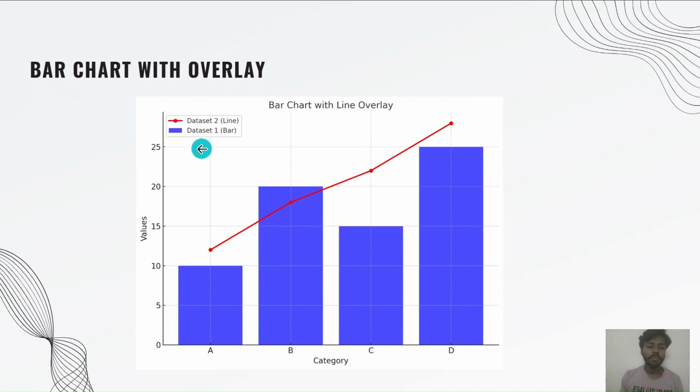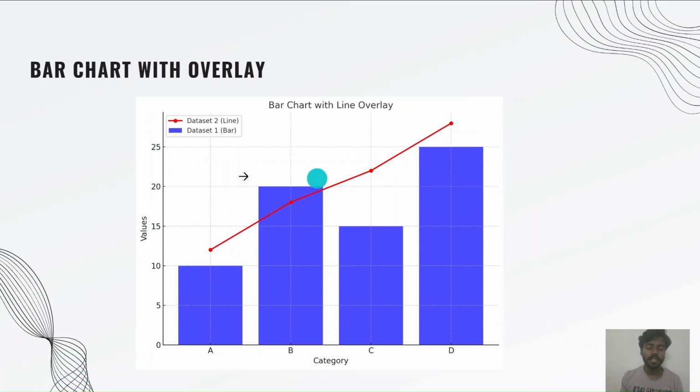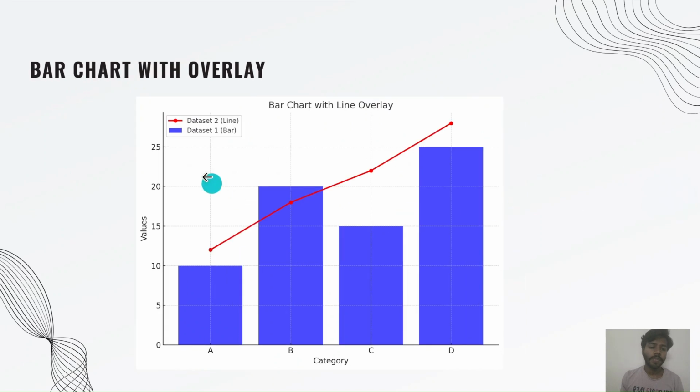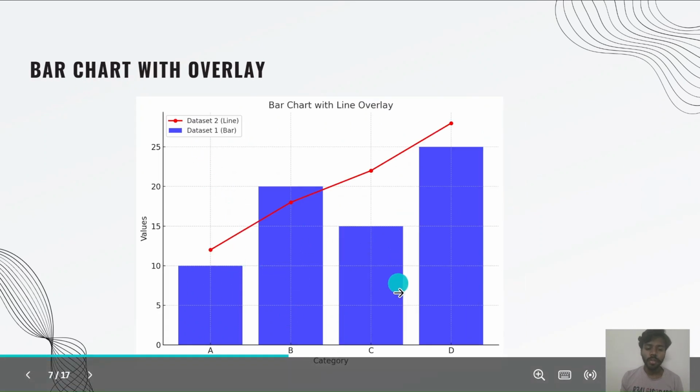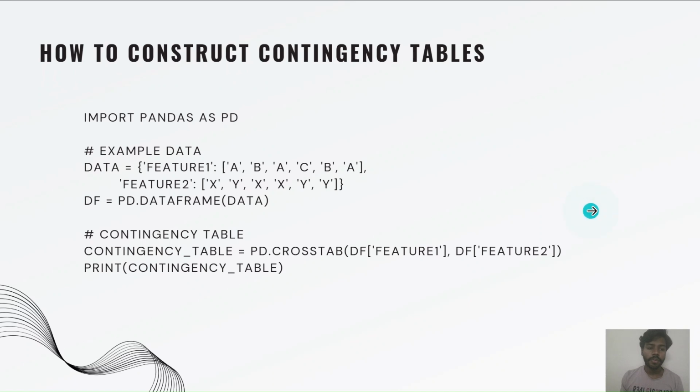Here we show the category on the x-axis and values on the y-axis, same as the grouped or stacked bar chart, but here we show dataset 1 with blue color columns, as you can see, and dataset 2 with the help of a red color line, right? So how to construct contingency tables?